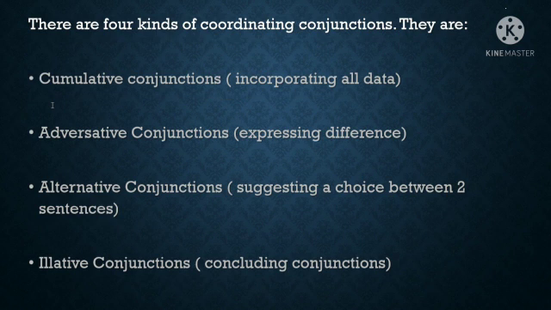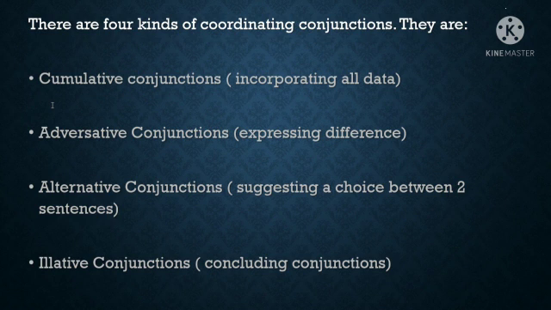Let's learn about it in detail. See, there are four kinds of coordinating conjunctions. I have given you the basic coordinating conjunctions, that is FANBOYS. You have to learn that as well as this also, okay? And the coordinating conjunctions are divided into four kinds. They are cumulative conjunctions. Cumulative conjunctions incorporate all data. Adversative conjunctions express difference.